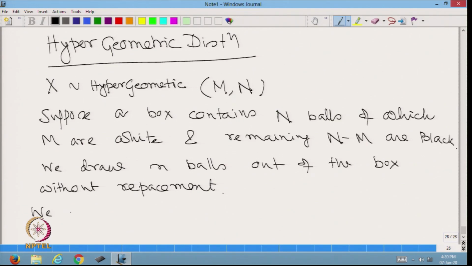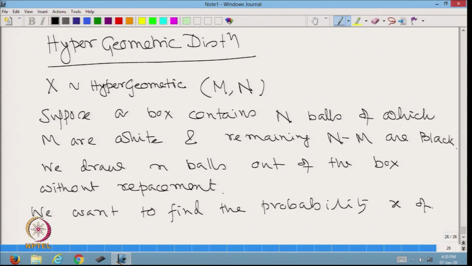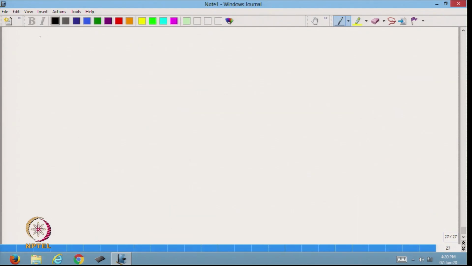We want to find the probability that x of them are white. Now, probability X is equal to x: there are m white balls, out of them x can be chosen in m C x ways.